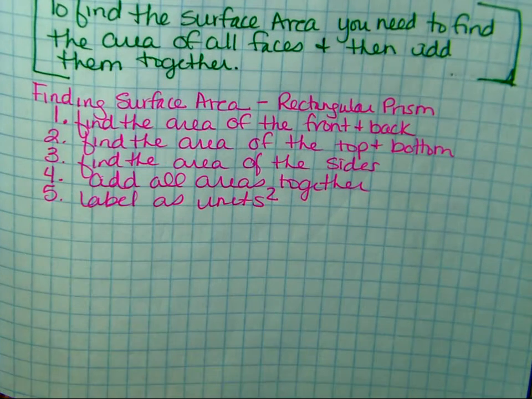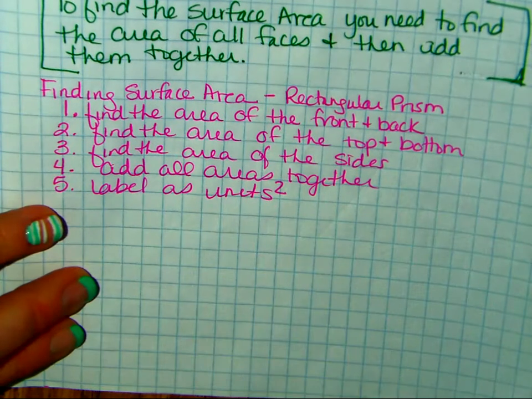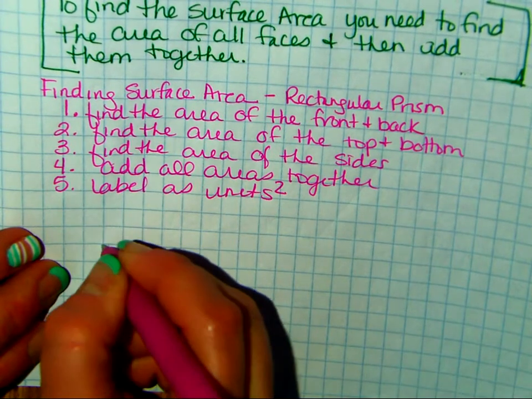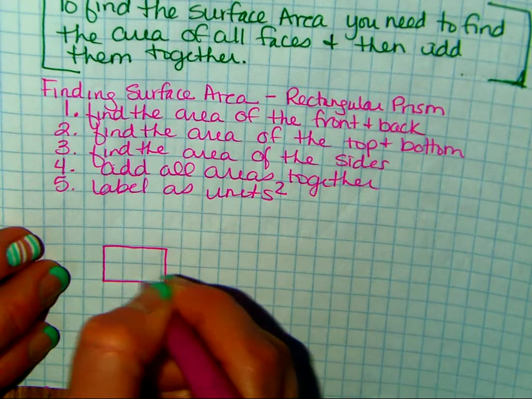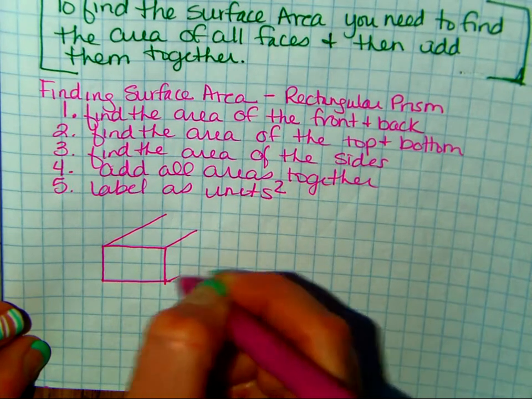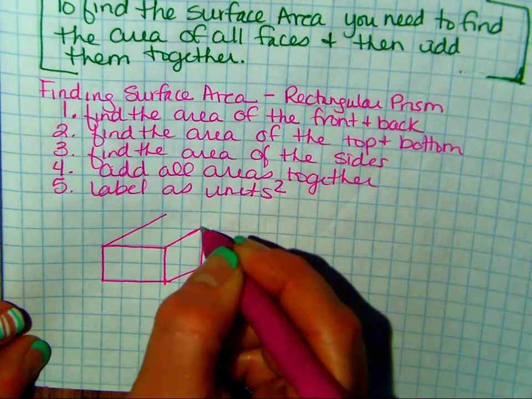Final thing we're going to do is create another three-dimensional shape. And actually, let's do a rectangle. Send it back to make it into a rectangular prism.